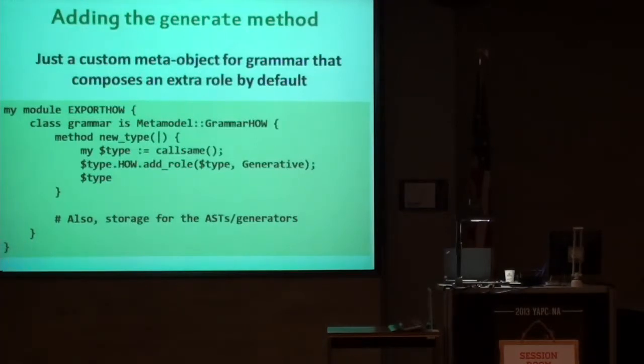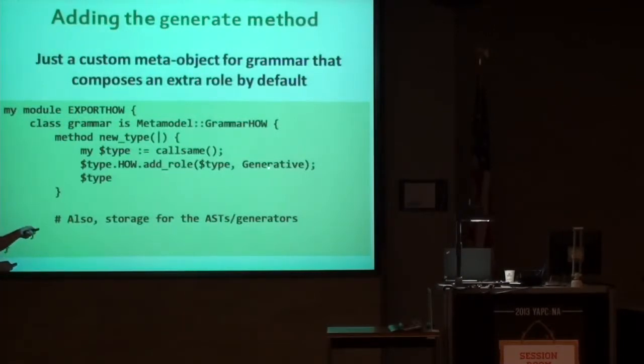Cutely, if you wanted to say how classes work differently, you'd write class. And it's the fact that it's inside of this EXPORT::how module that makes it all work out. Can you do class EXPORT::how :grammar? Yes, I think so. You'd have to put a my on. No, you wouldn't, but you should.